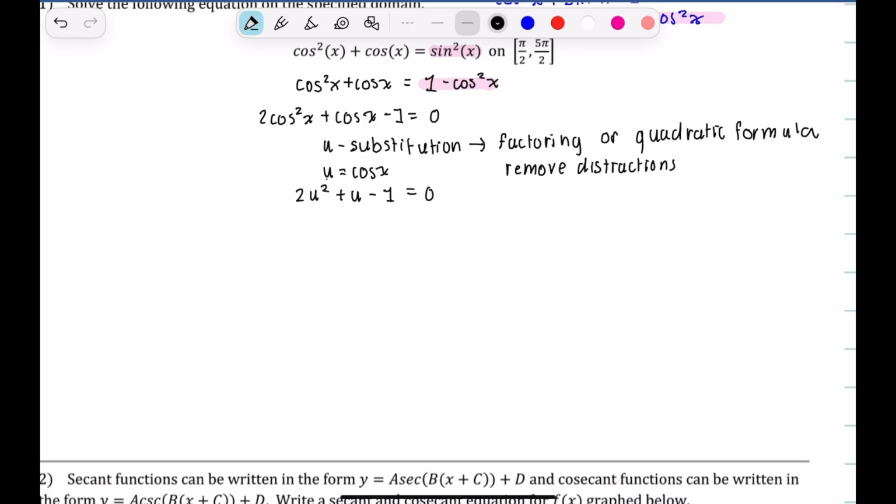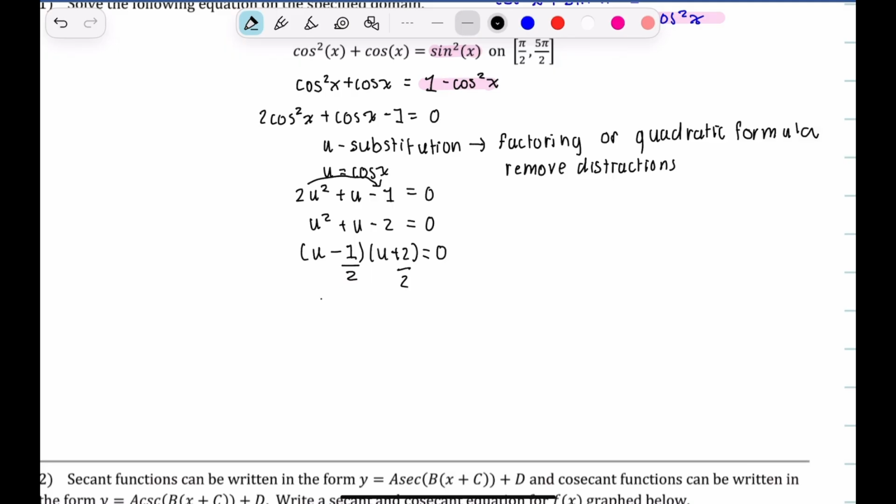So we can factor this by shifting that. u squared plus u minus 2 is equal to 0. So u minus 1, u plus 2 is going to be equal to 0. Now divide by 2.